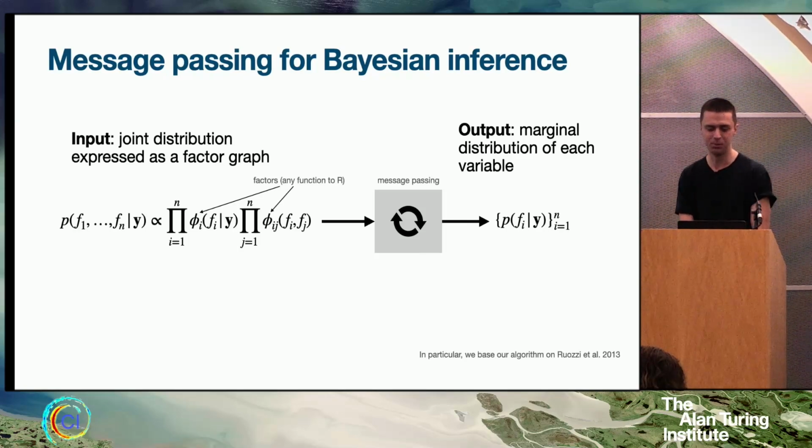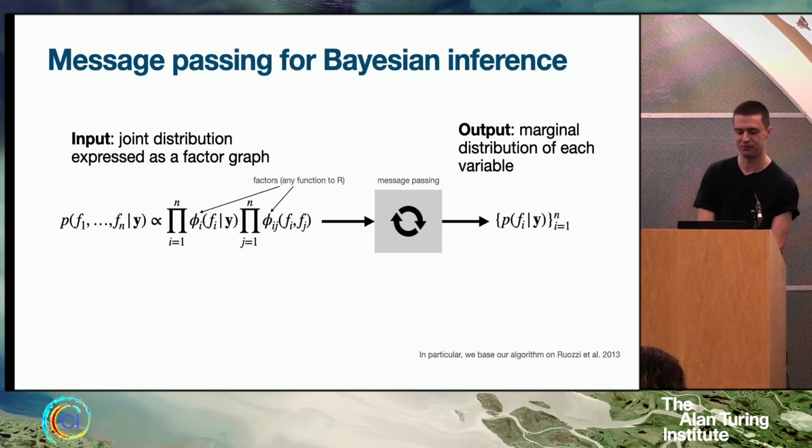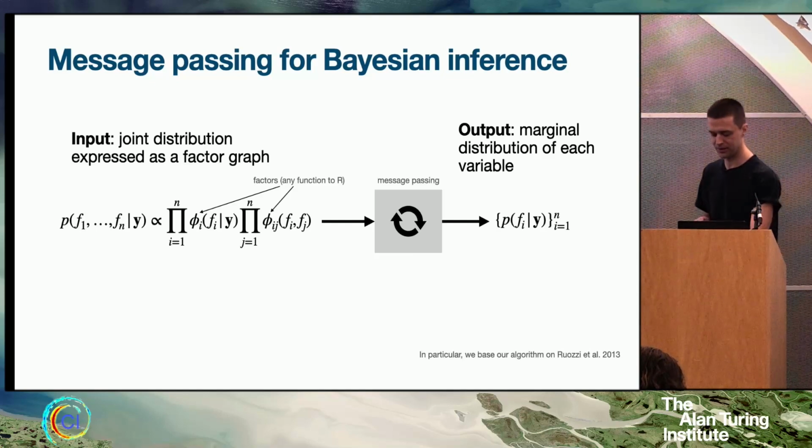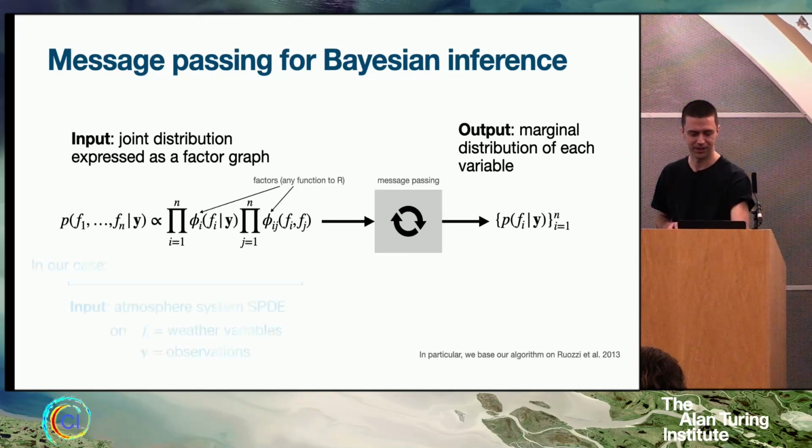For people familiar with this, our algorithm is a variant of Gaussian belief propagation. The input to the algorithm is a joint probability distribution over a load of variables, which can be expressed in this particular formulation, which I'll talk about in a minute. We put in this joint distribution, and then we get out the marginal distribution over each of the variables.